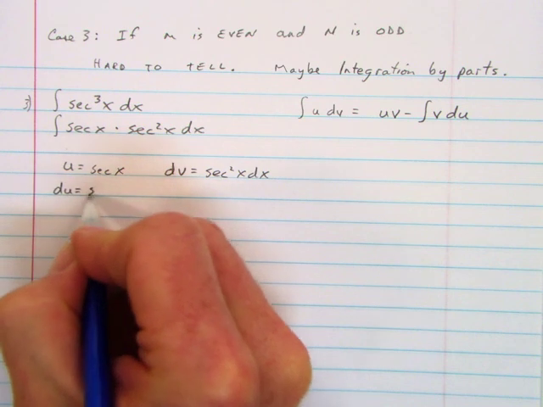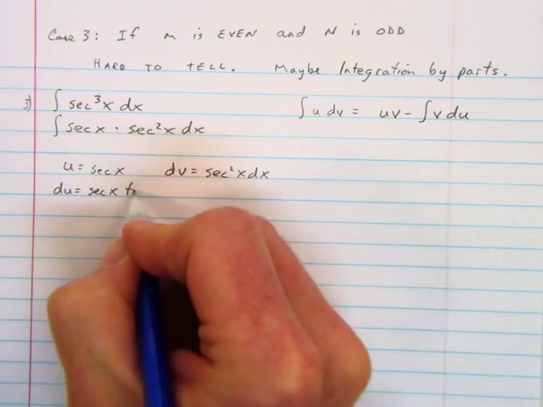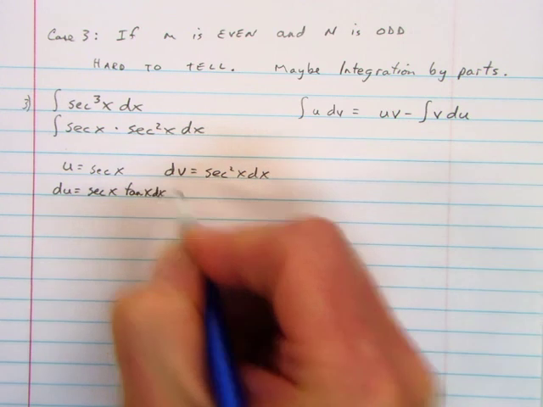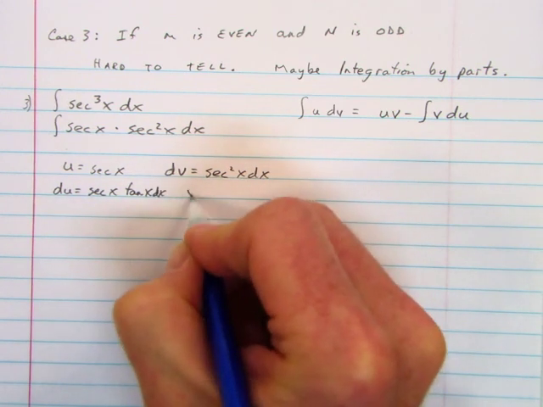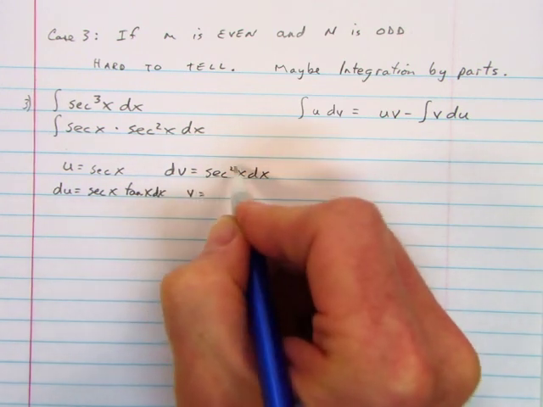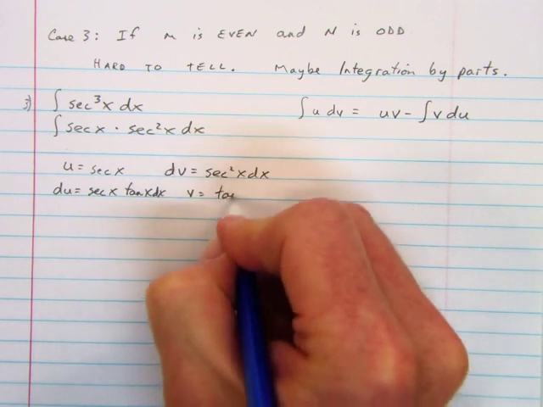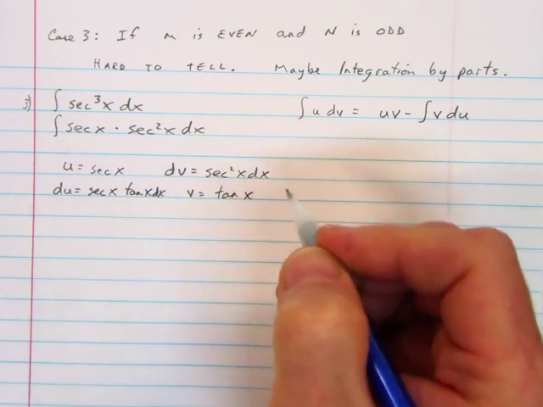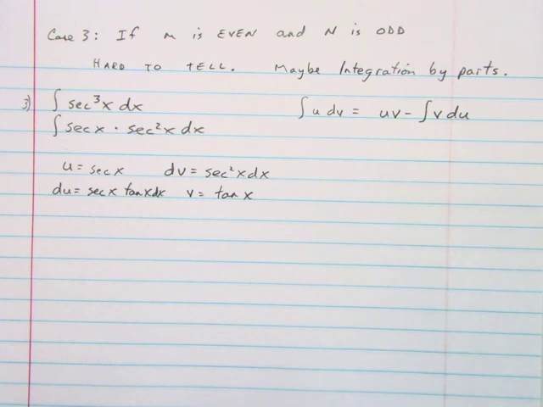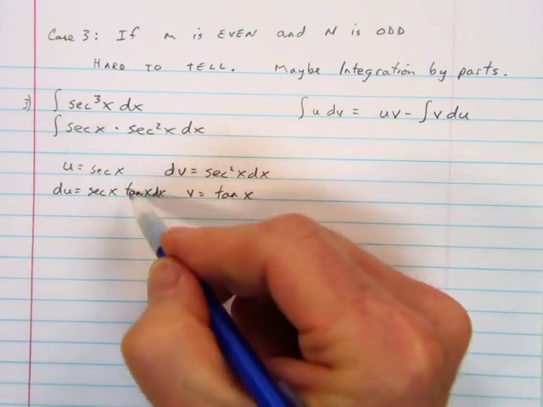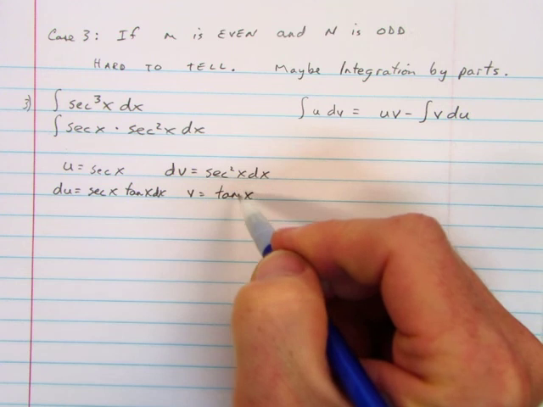Find du. We have secant x tangent x dx, the derivative, and then v, the antiderivative of secant squared, is tangent x. So we just have to be careful about what we're finding the derivative of and what we're integrating.